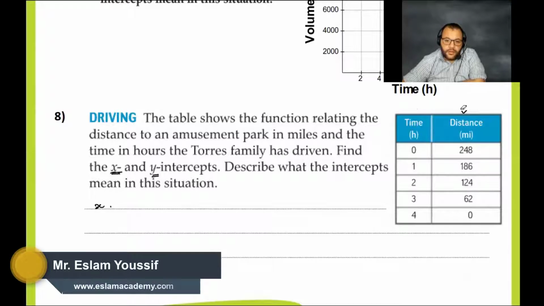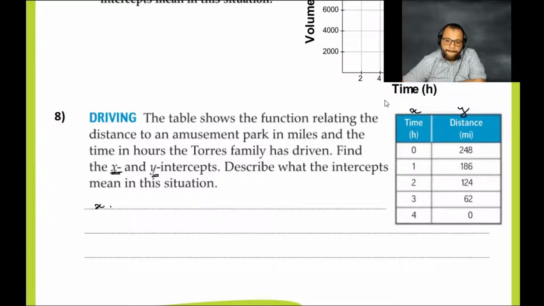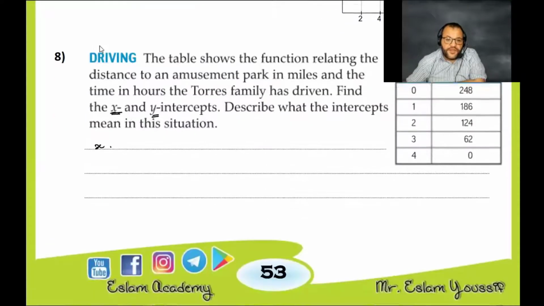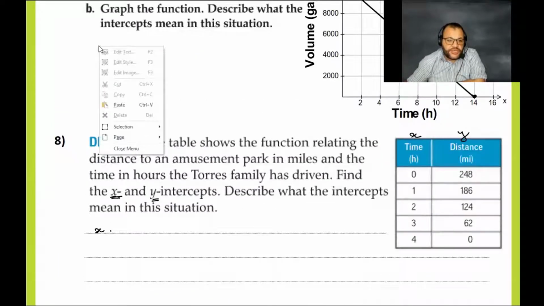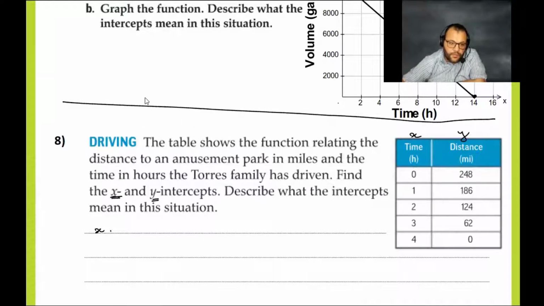Why is the x here time? Leave the graph above, that's a different question. Always in a table, the values of x are on the left side, and on the right side of the table it's always y.